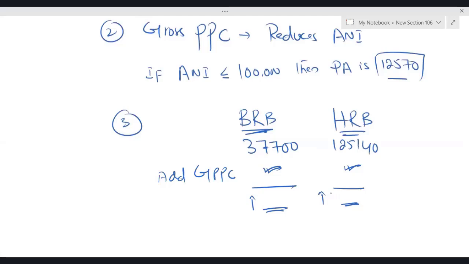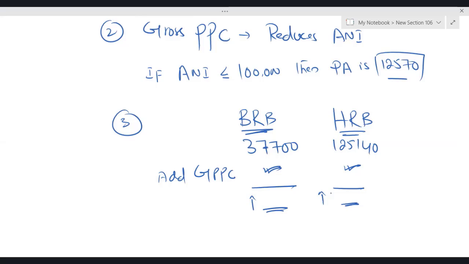And that's a benefit. There are three tax consequences of PPC. Number one, whatever the individual has paid is treated as 80% and 20% is paid by HMRC. Second, your adjusted net income is reduced by gross PPC. Third and last, basic rate band and high rate band limits will increase by gross PPC. Please listen.